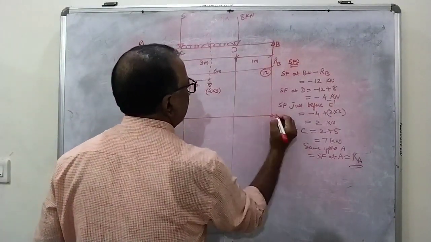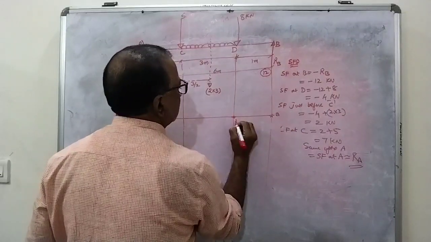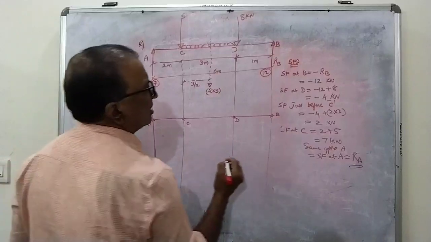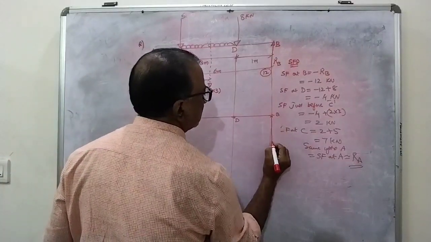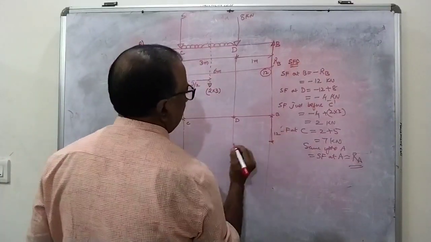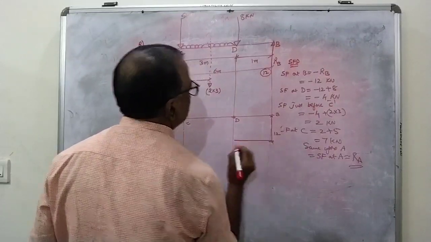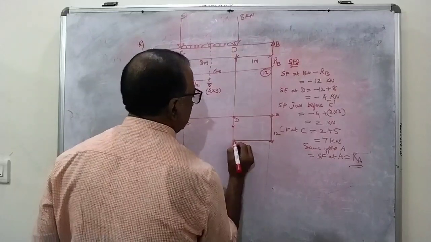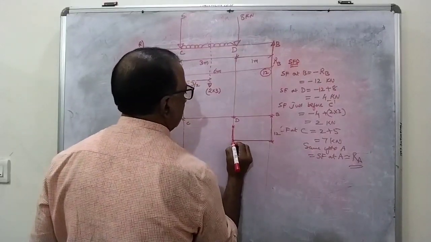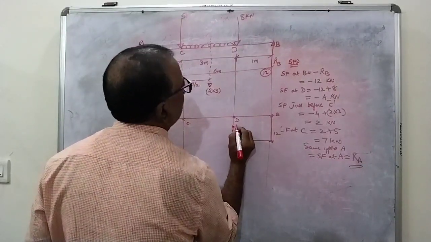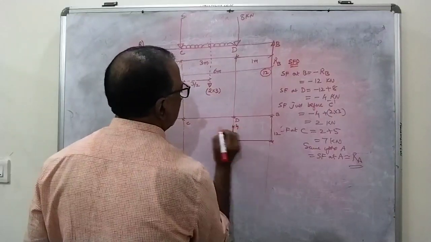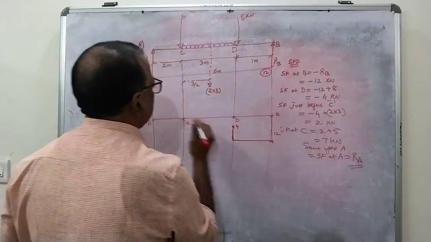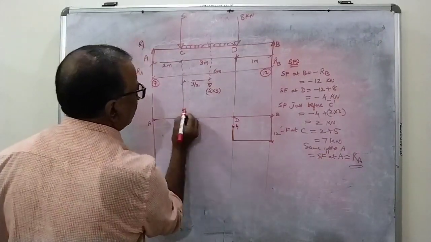So if I draw the diagram, this is B, this is D, this is C, and this is A. At B, I got minus 12 and it is remaining constant just before D. At D, it has reduced to minus 4, and just before C, it has increased to plus 2. It has gone from minus 4 to plus 2.